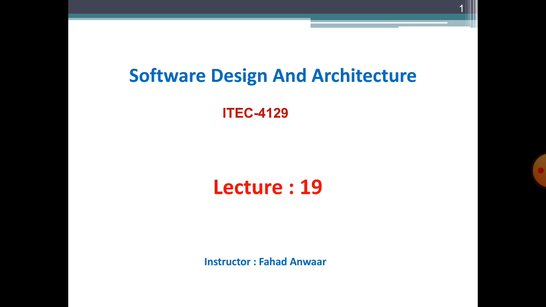In this 4 plus 1 view model, we saw how this view model can be utilized by a software designer to organize the description of the architecture decisions in different views. And in this model, we saw the 4 plus 1 essential views, ranging from the logical view, process view, physical view, development view, and the fifth one is the scenario view.